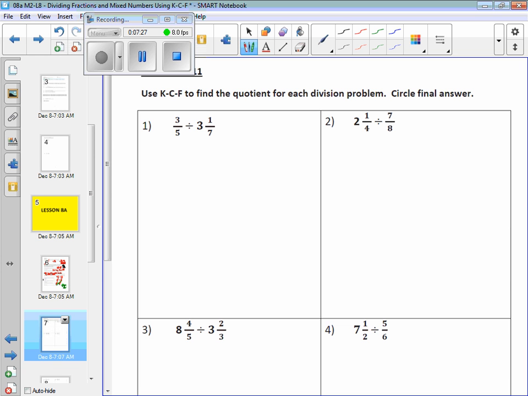All right. 3/5 is already a regular fraction. I'm just going to bring it down and keep this. However, I have a mixed number here, and I don't want to flip anything yet. All I want to do is take my 3 and 1/7 and change it to an improper fraction. Do 3 and 1/7 improper.